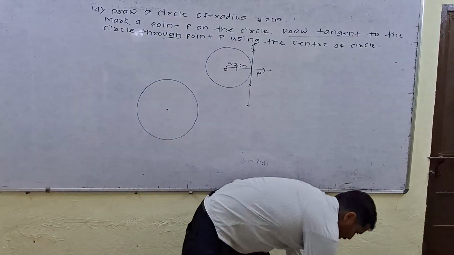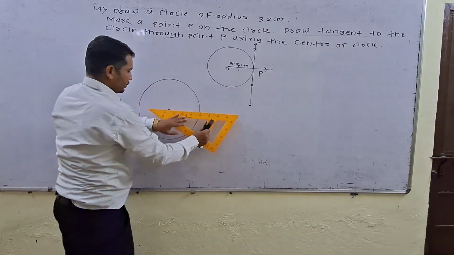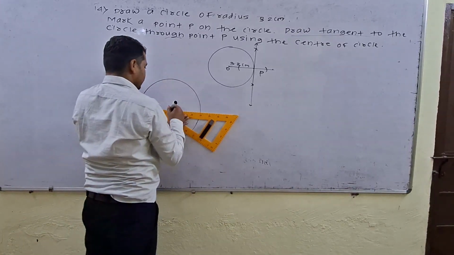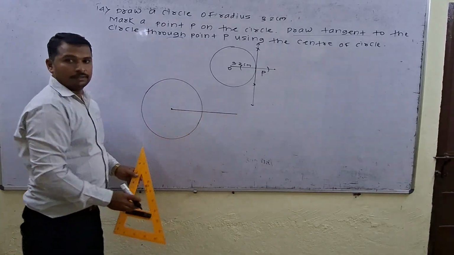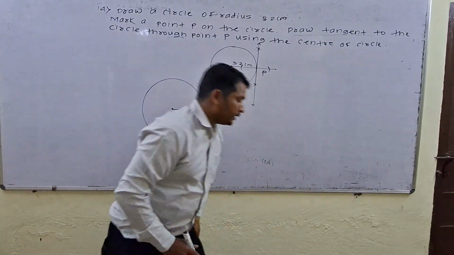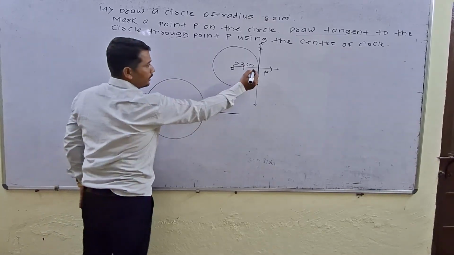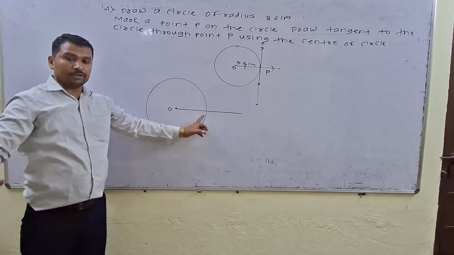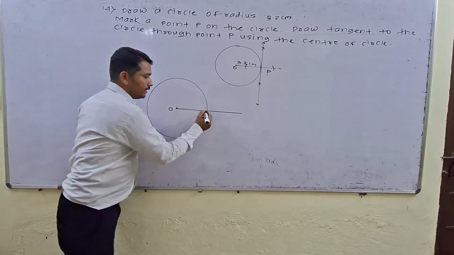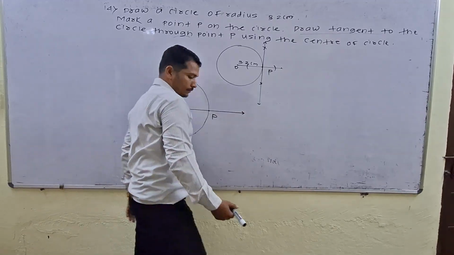Next, we must draw a radius. So there is a radius. We extend the radius again here. We give the name P. Take a point P on the circle.